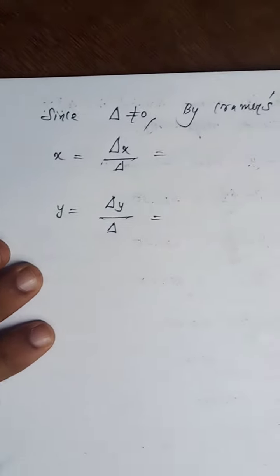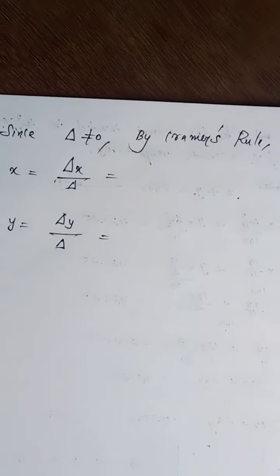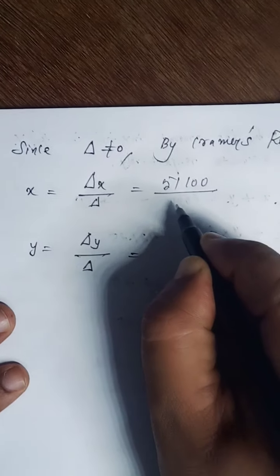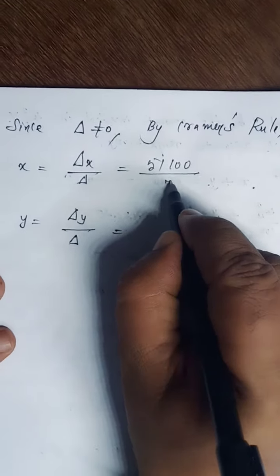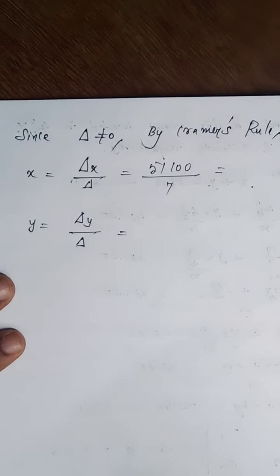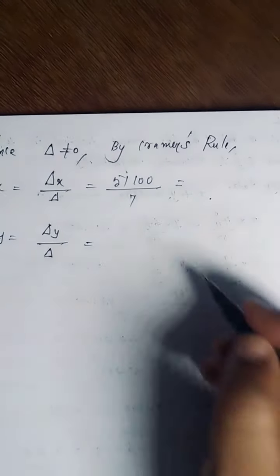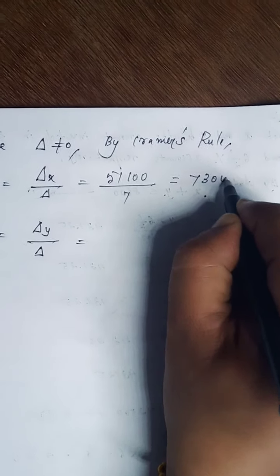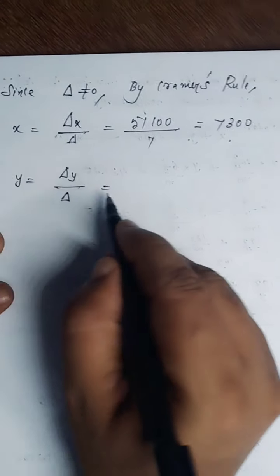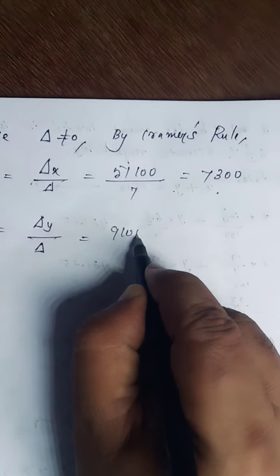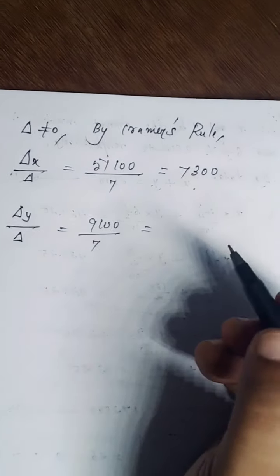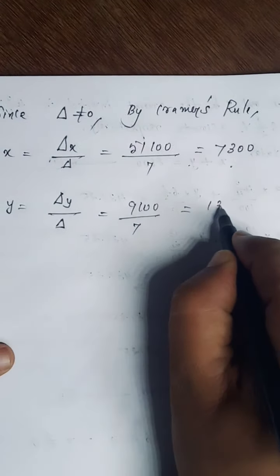What is the value of del x? That is equal to 51,100, and delta value is 7. If we divide, you will be getting 7,300. Now del y by delta, that is y. Del y value is 9,100, delta value 7. You will be getting 1,300.